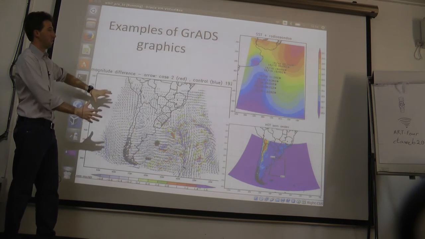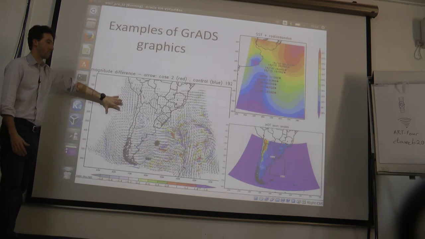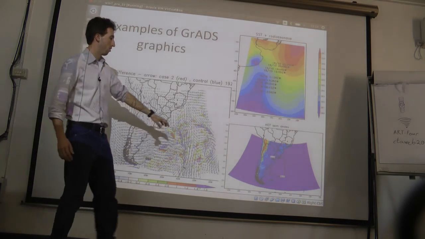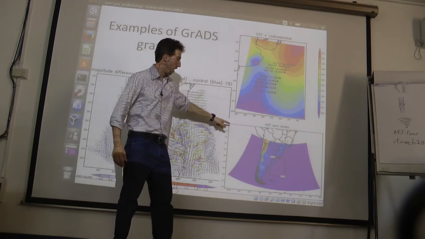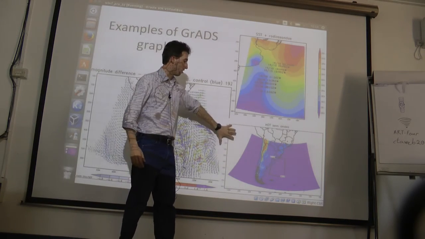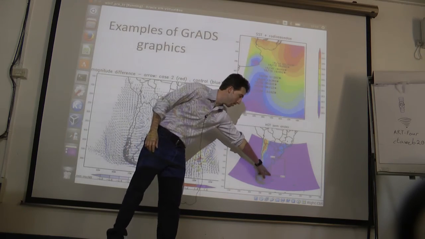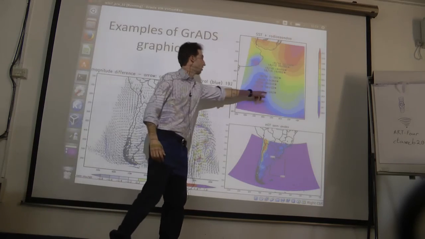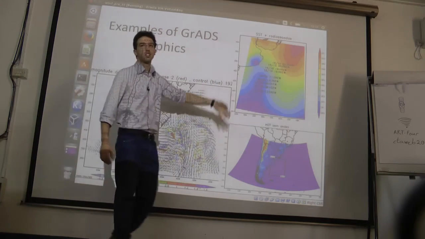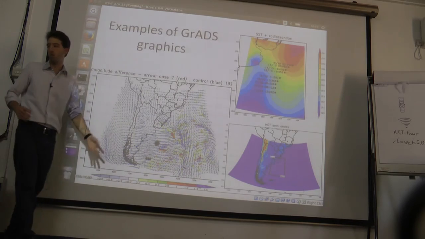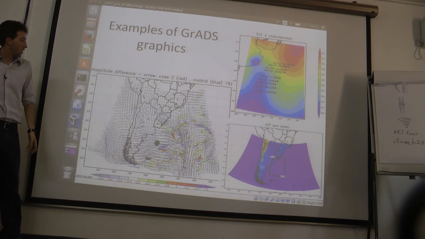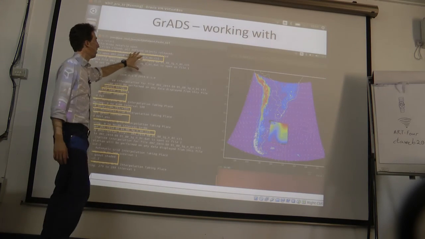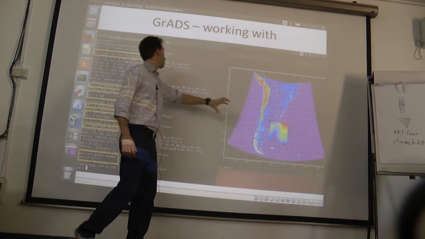But we can do this graph with only 3 or 4 lines of commands. For example, see where your grid is, plot the grid and see where the inner grid is, and make a trajectory of something like a ship or a hurricane or whatever you want.